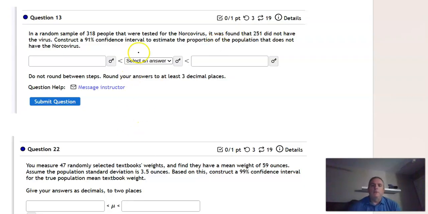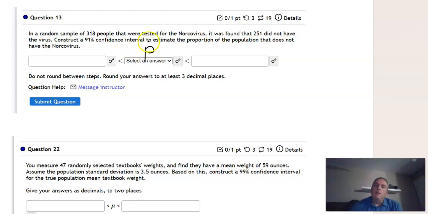So on this one, there's a drop-down menu to select the correct symbol for our confidence interval. In this case, our estimation, we're making a claim about the population proportion, and a population proportion is just the lowercase p.